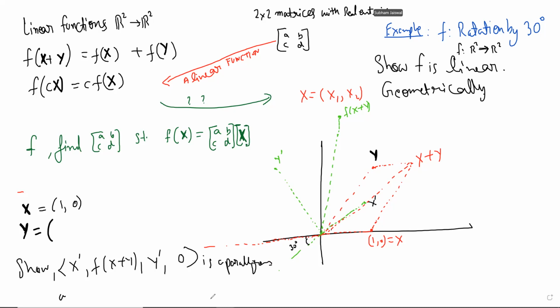These are not the sum of the vectors, right? This is fx, this is fy. That's what we want to show. We want to show that this is a parallelogram. Do you guys agree, right? Because then you'll be done, right? That this will be addition, that f of y plus f of x is f of x plus y.